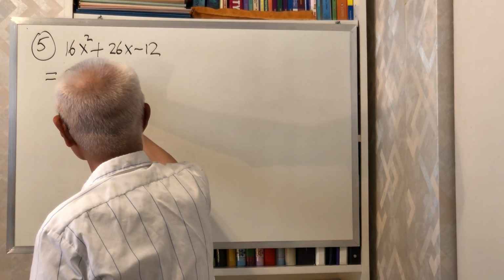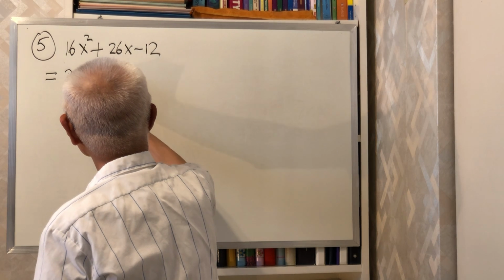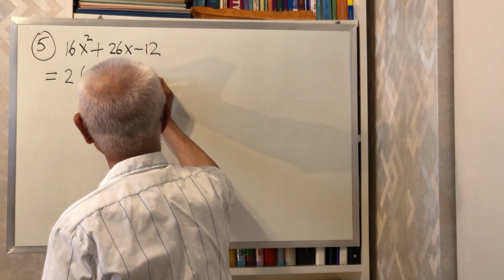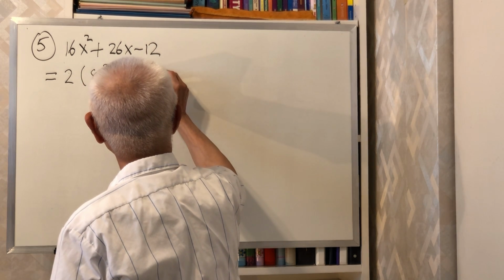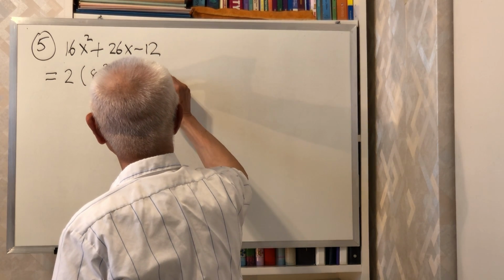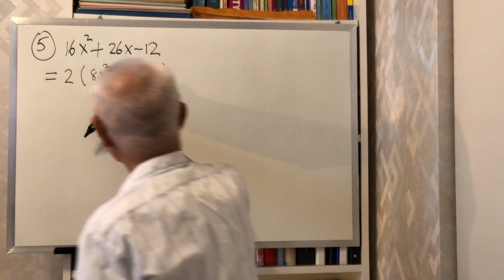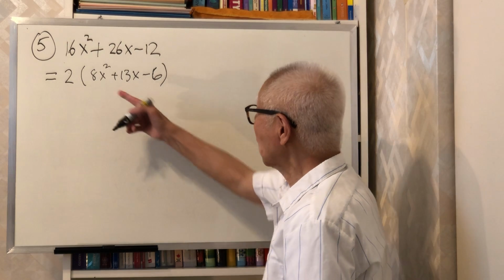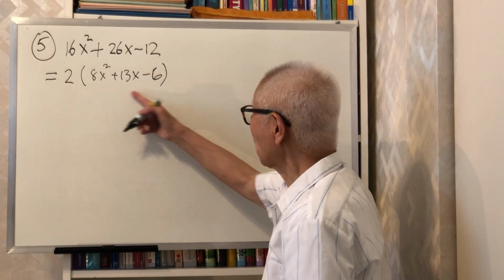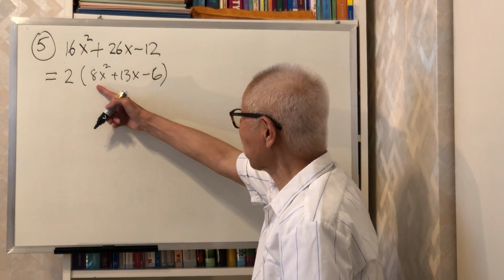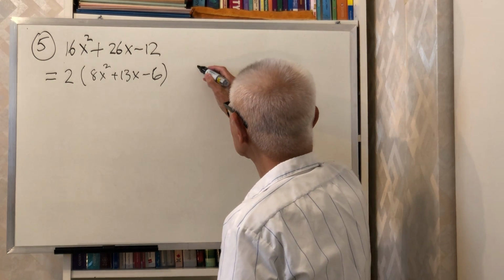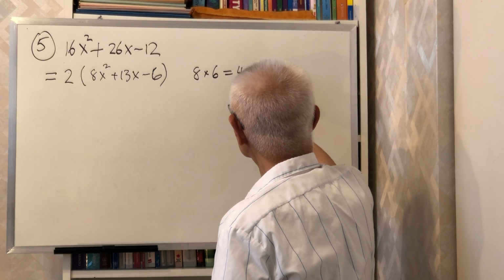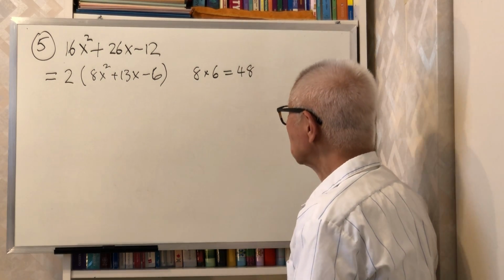So I factor out 2. I cannot factor out anything from here. So now I multiply 8 and 6. It's 48.